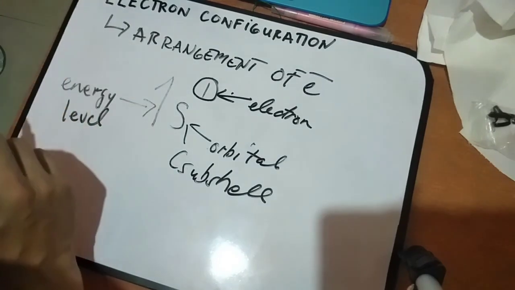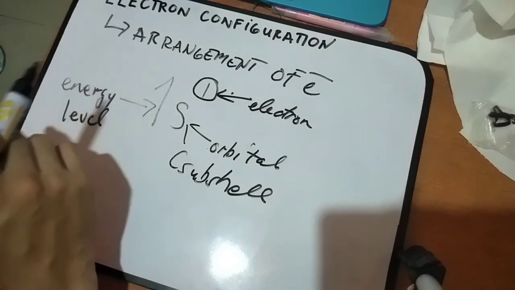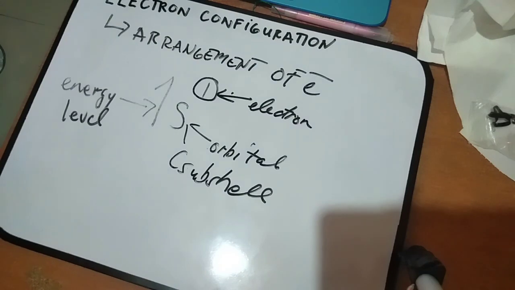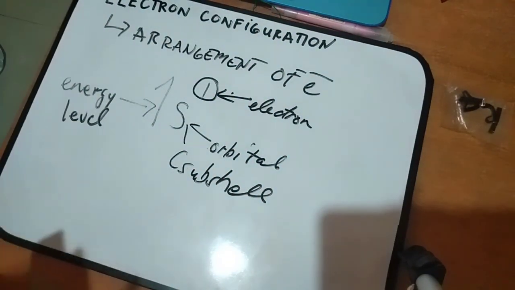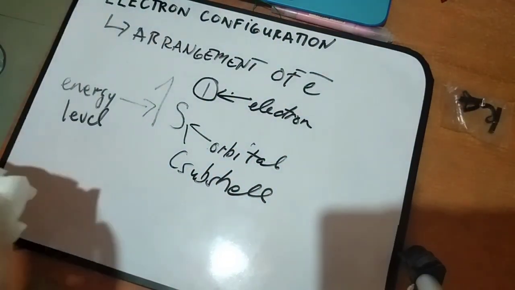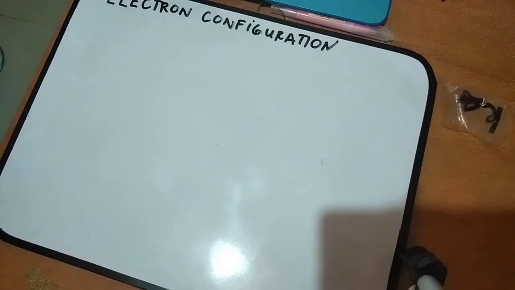So in electron configuration, we follow the electron distribution mnemonics. So you could either choose from the vertical or horizontal arrangement.